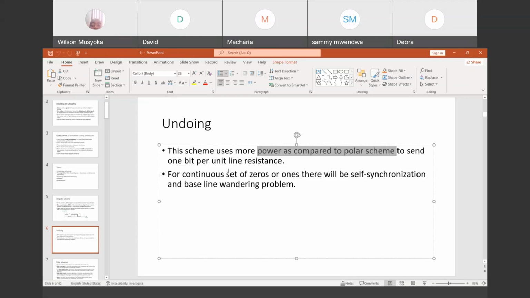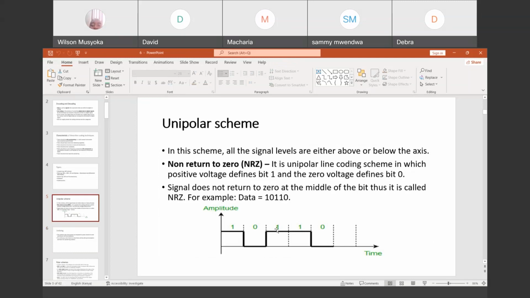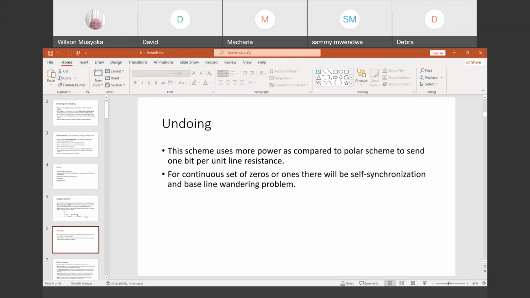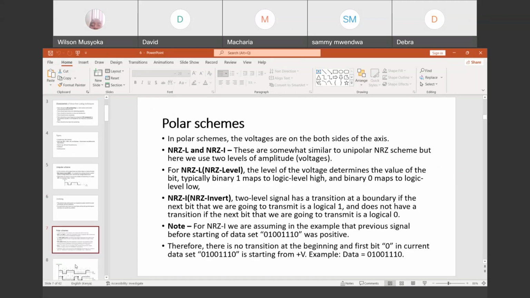And then if you have a continuous set of ones or zeros, like we have seen here, then self-synchronization and baseline wandering are going to be a problem. Like we have said, these are things you need to avoid when you are selecting an encoding scheme. So that is why it is not so popular, and that is why other schemes have been developed. So let us look at those other schemes.